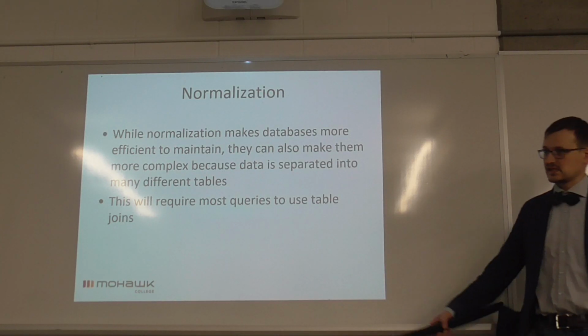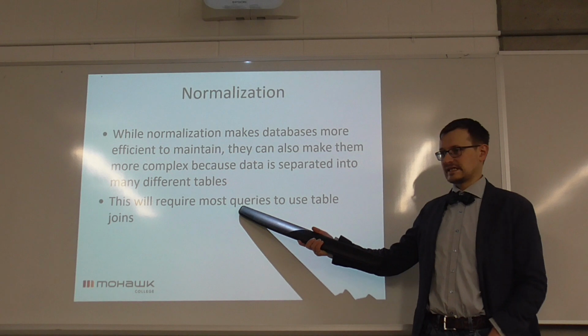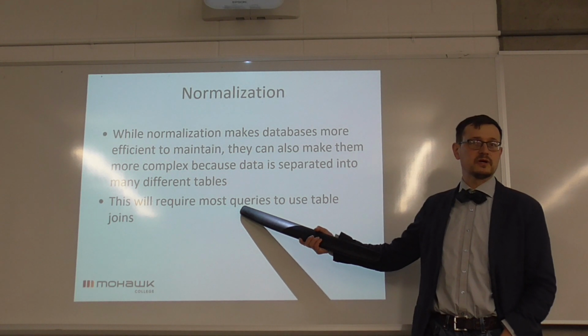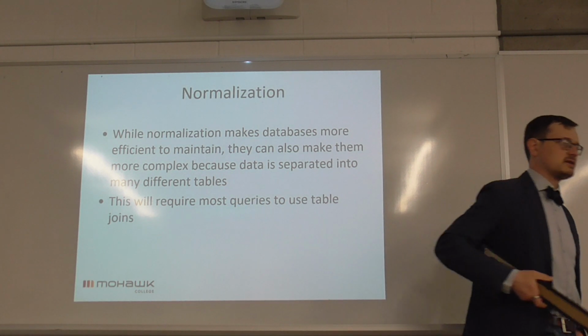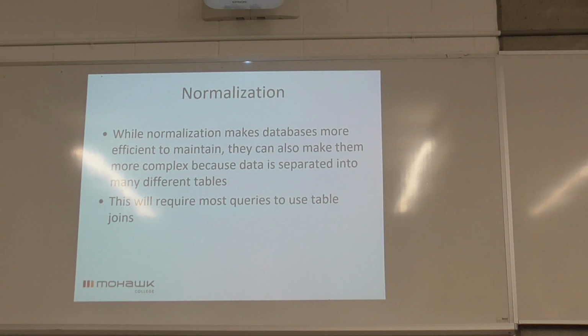Notice how select query is being used as a synonym for just plain query here, indicative of the attitudes of this course. This will require most queries to use table joins. So once your data has been normalized, you've got to be pretty comfortable using joins. But if you are comfortable using joins, then this is a much more efficient and effective way of doing things.